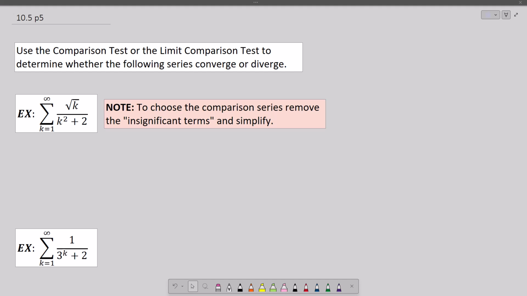And when you simplify it, you need to simplify it in a way that is basic, a way that you can analyze it, i.e. p series. Now combine your exponents.